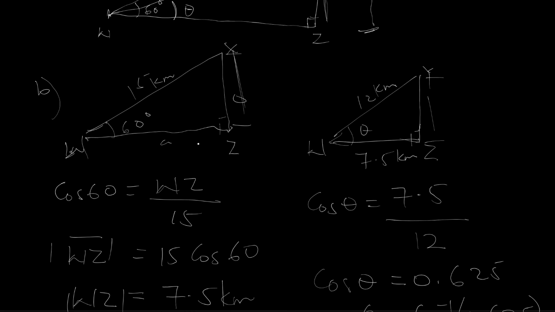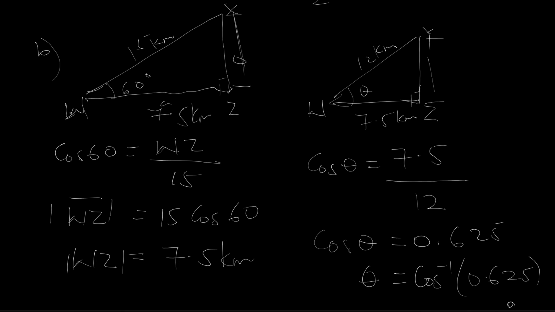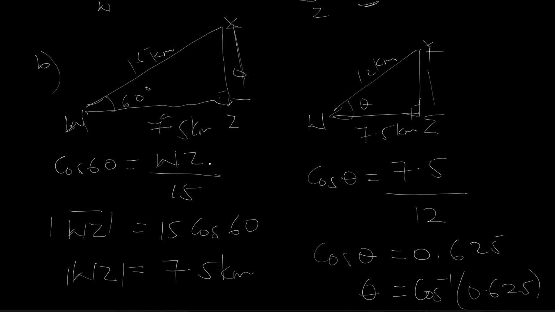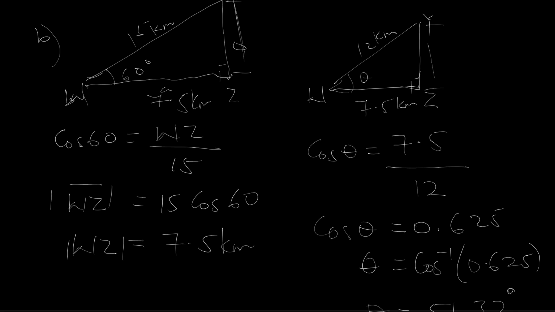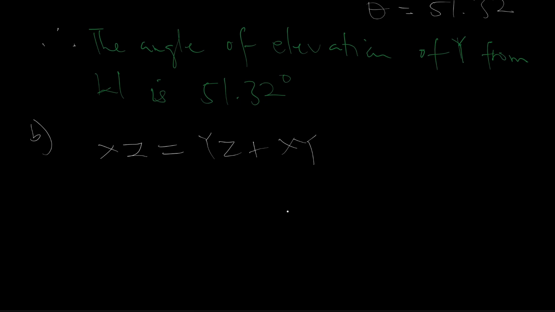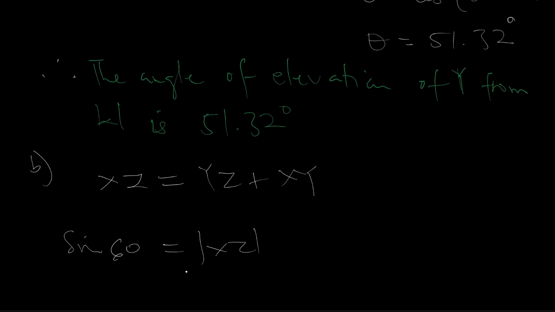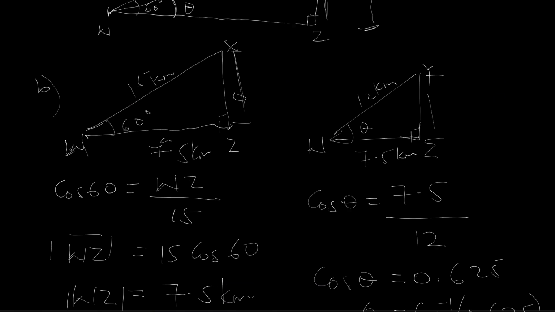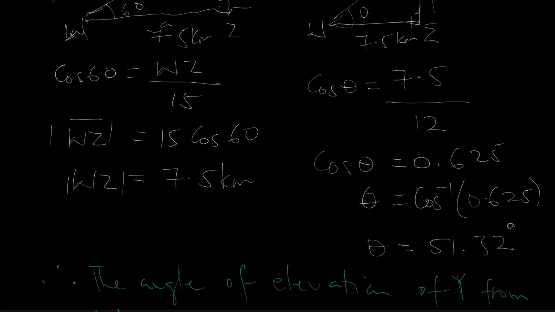And from here, we know our WZ is 7.5 kilometers. So we can find our XZ using Pythagoras' theorem, or we can also use trigonometry to find XZ. So for trig, we use sine 60 is equal to XZ over 15.